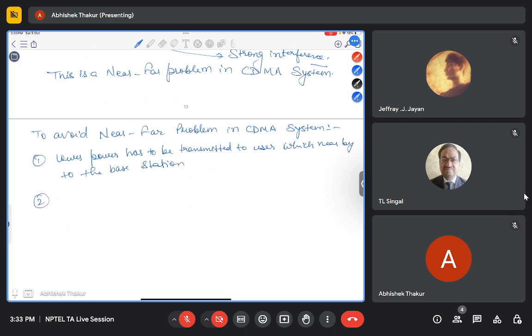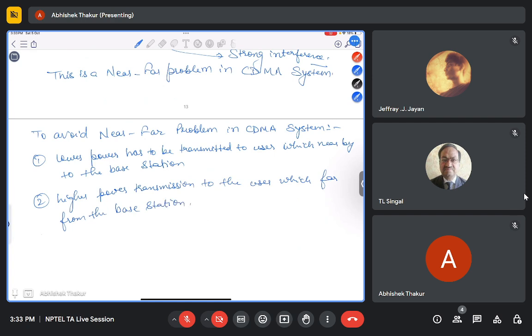Second, higher power transmission to the user which is far from the base station.